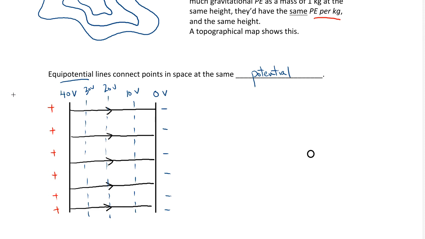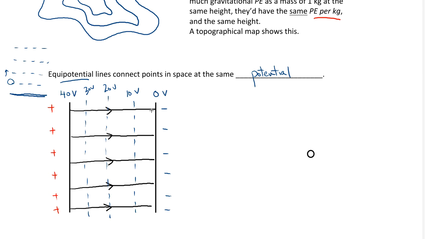Think of this again as analogous to the height situation. Think of the negative plate as being the ground and the positive plate as being higher up in the air. As you move upwards off the ground to higher and higher heights, you're getting to higher potential energies for whatever mass you are moving upwards. So the potential energy per kilogram is increasing linearly as you move up off the ground.